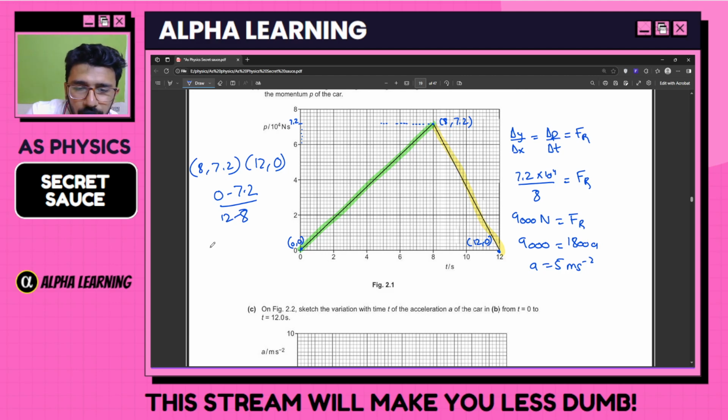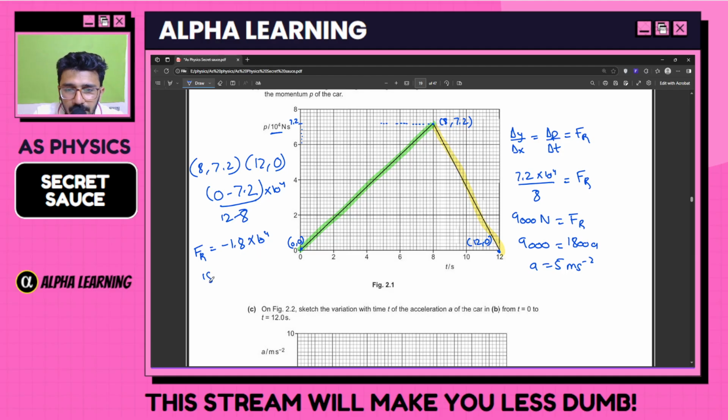This comes out to be negative. Also, can you realize on the y-axis we have a power of 10 to the power of 4? You have to multiply that as well. So you have a 1.8 into 10 to the power of 4 resultant force. So what will your acceleration come out to be? Very easy.